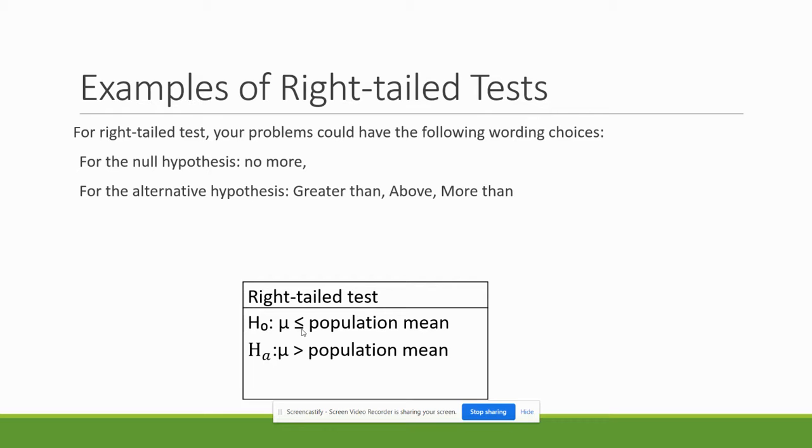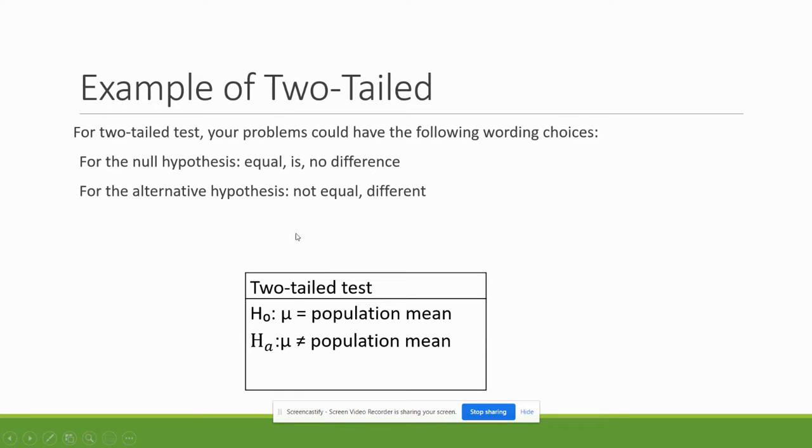That means I can give you $100 and less. The alternative for this one down here is greater than, above, or more than. For the two-tailed, the null is going to be equal. It could be is, could be no difference, where the alternative is not equal or there's a difference.